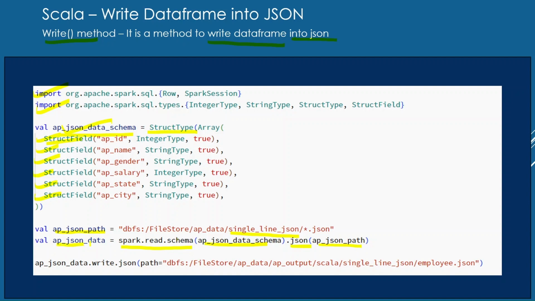Once this data frame gets created, then with the help of the write.json method, I am writing the data which is present in this data frame into this JSON document.